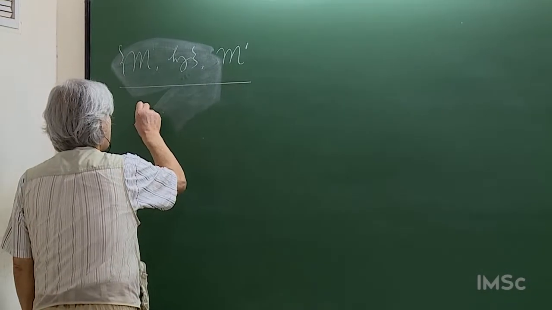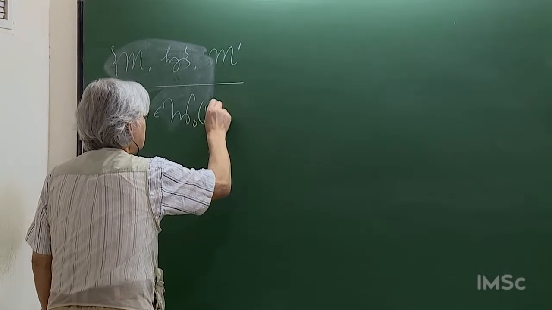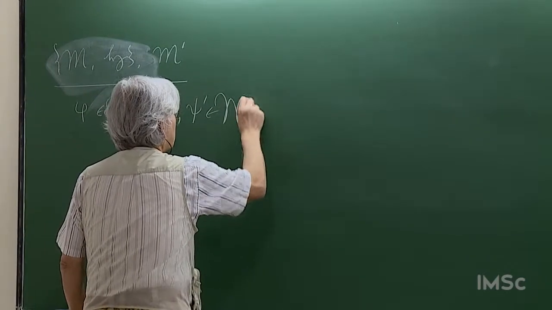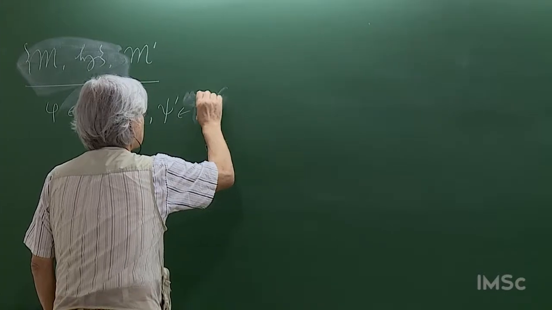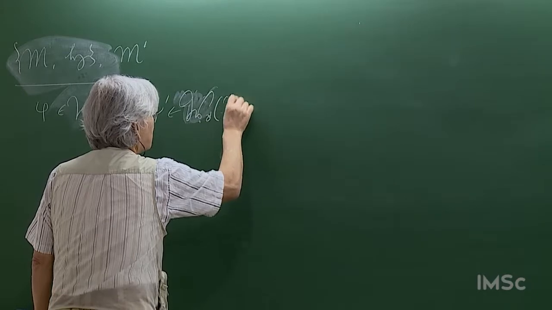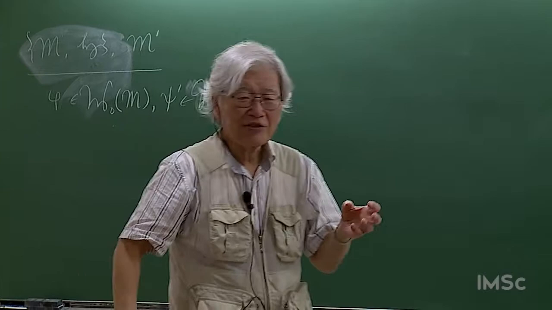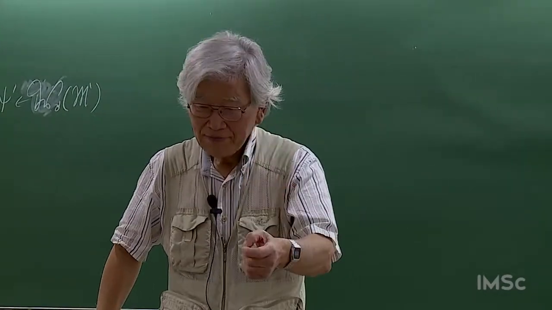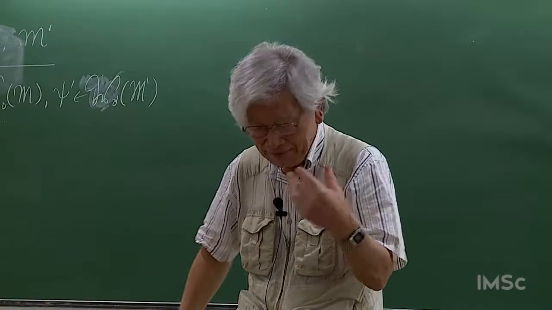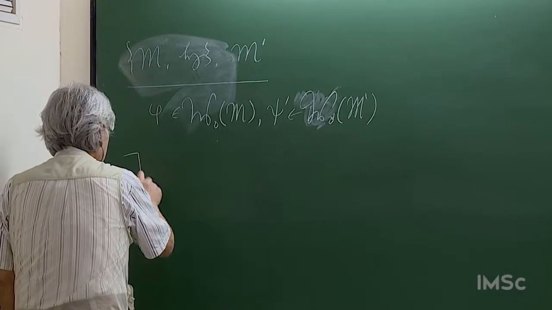But what happens is the following. If you fix phi, a weight on M, and psi prime, a weight on M prime, both faithful semi-finite normal weights, then they exist uniquely.